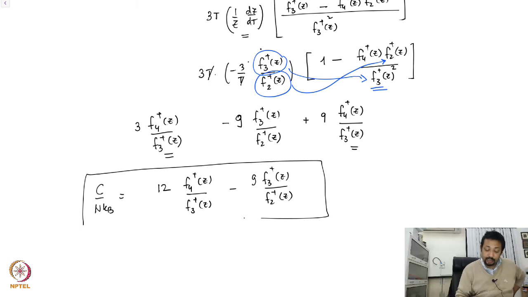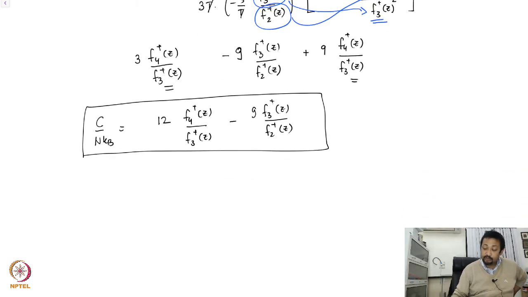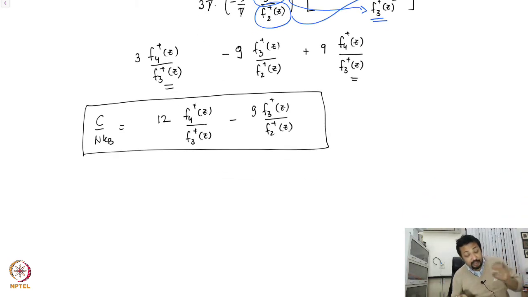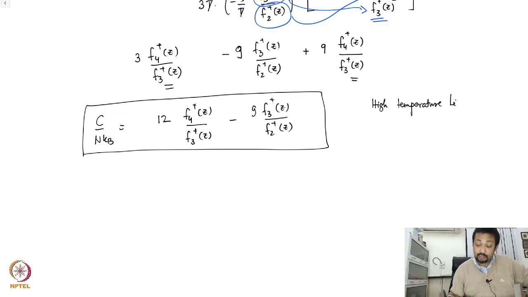this looks very nice. Now we got to check whether we have arrived at the right expression. So for that, the first thing to look at is the high temperature limit.